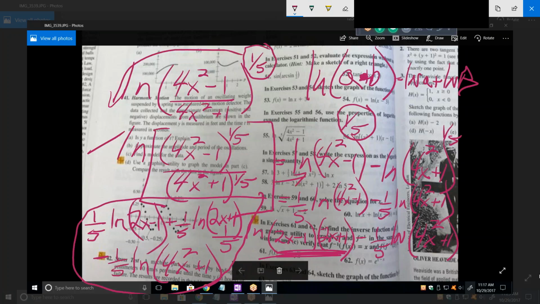I could have moved the 1/5 down immediately, and then I'm just going to have 1/5 times everything else, and it's still this answer. Notice that every term is still being multiplied by 1/5 in front.